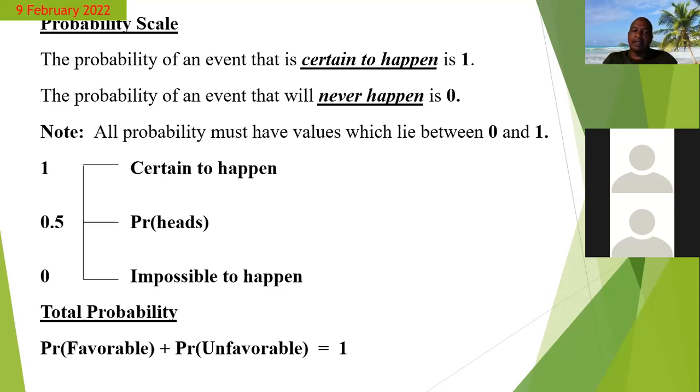Is that clear to you guys? So the probability of 1 is certainty, and the probability of 0 is impossibility. For something to have a probability of 0 means that it doesn't have a chance of happening.